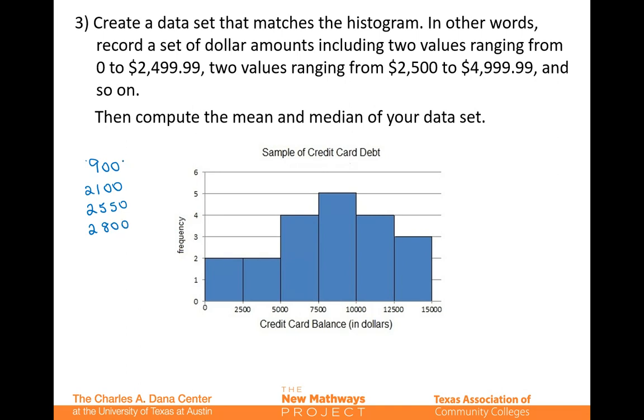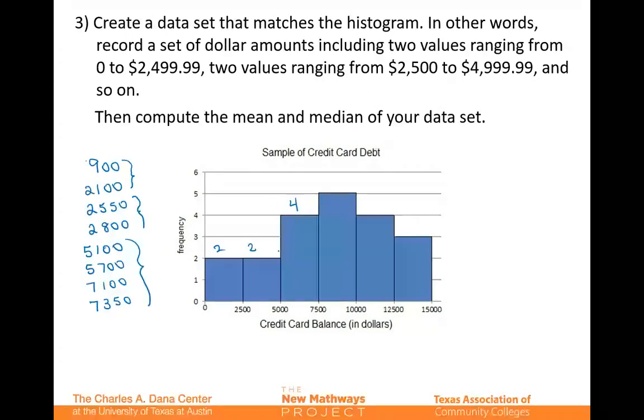There's 2 values. Now we need 4 values between 5,000 and 7,500. So 5,100, 5,700, 7,100, and 7,350. Those all 4 are in that bin.